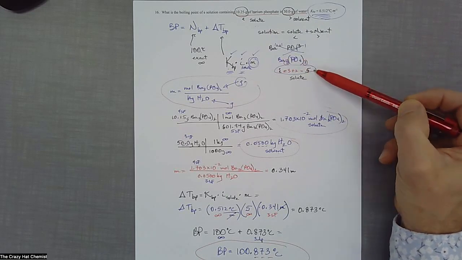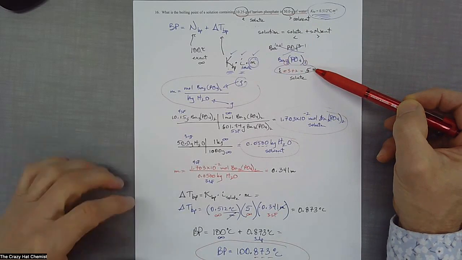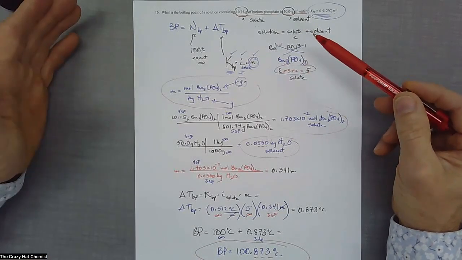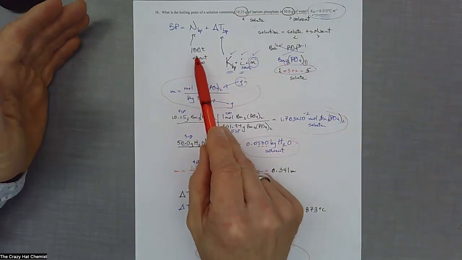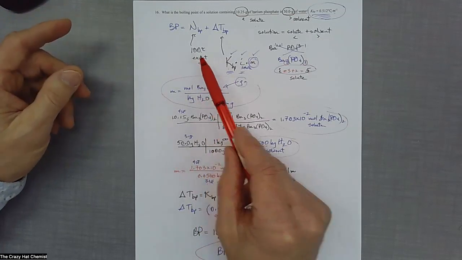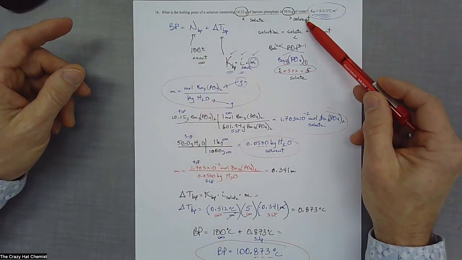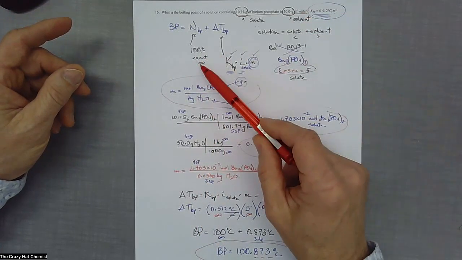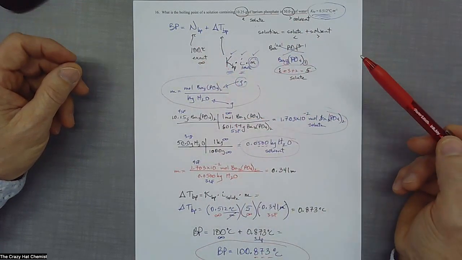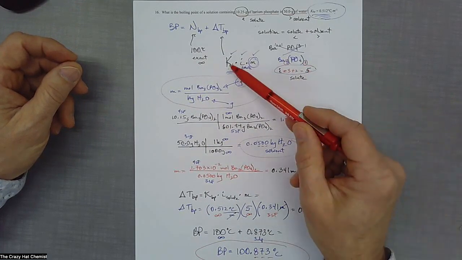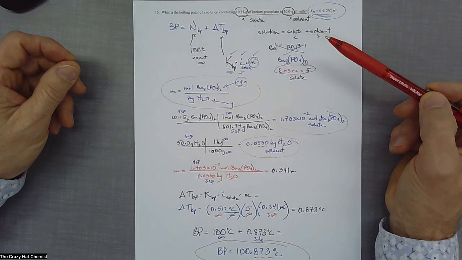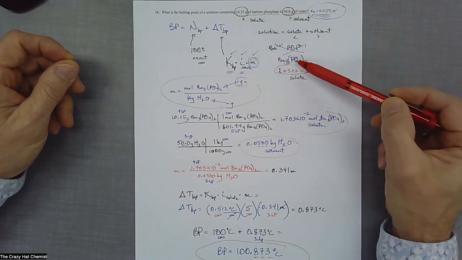We sum them up, we get a Van 't Hoff factor of 5 for the solute. That's for the barium phosphate. Now, our exact number of the normal boiling point for water is 100, and that is based on knowing that the solvent is the water, and the solvent is the normal boiling point of the solvent. So what we now have, we have the constant for the boiling point of the solvent. We have the Van 't Hoff factor for the solute.